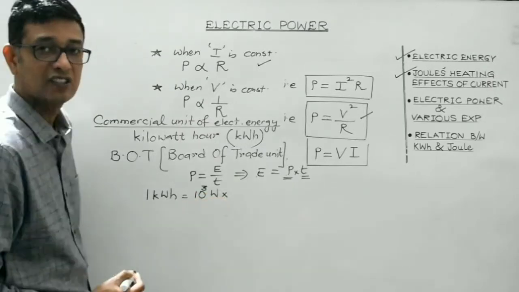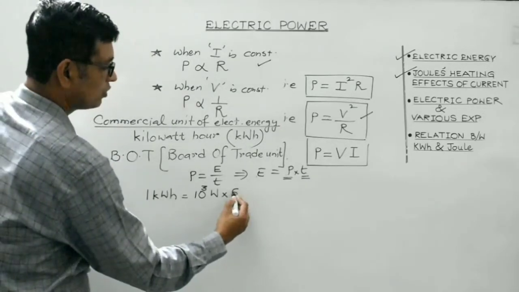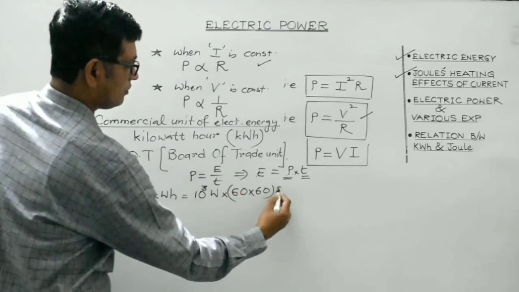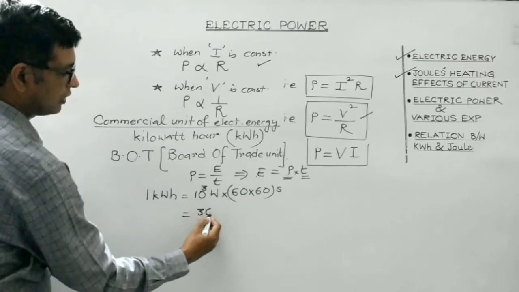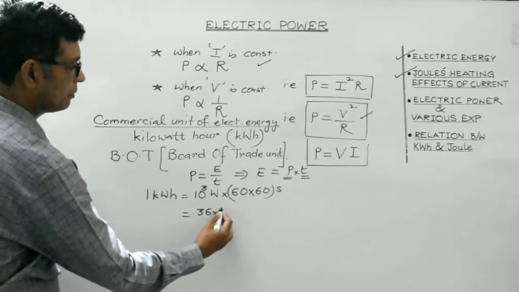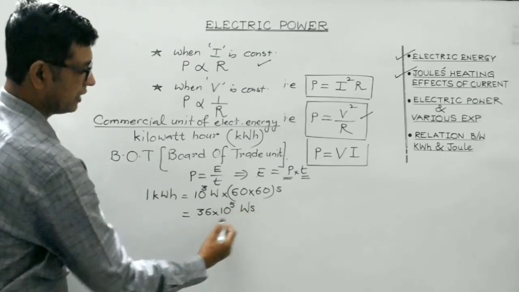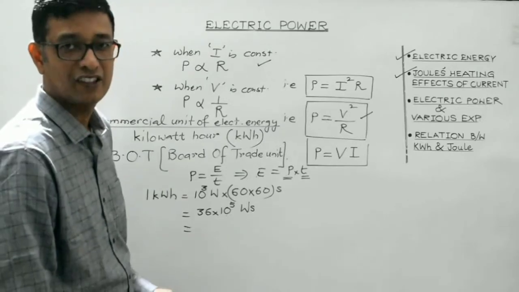Multiplied by 1 hour. Let's try to convert this 1 hour into seconds. So 1 hour is equal to 60 minutes and each minute is equal to 60 seconds. So what you get is 36 multiplied by 10 raised to the power 5 watt second. Watt second is joule, isn't it?